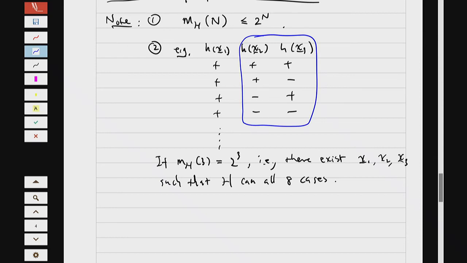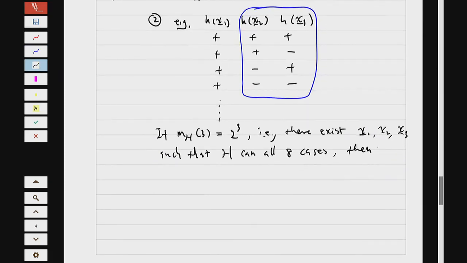So H must be able to generate all 4 cases for any 2 of those points.